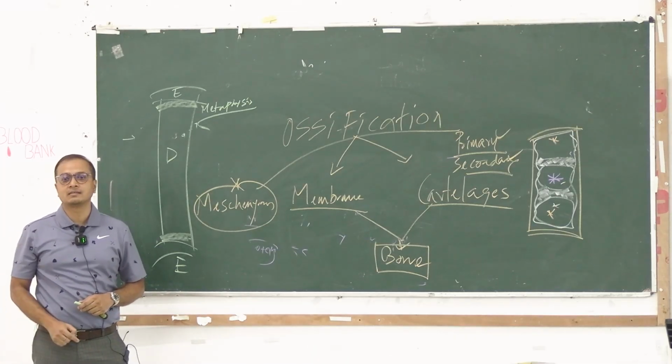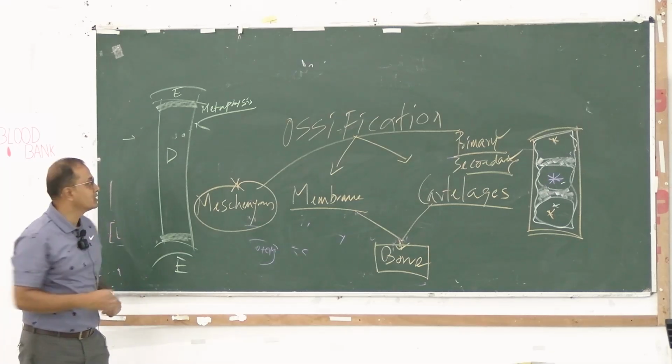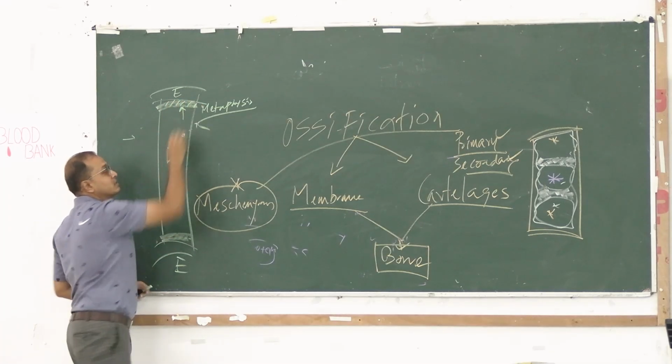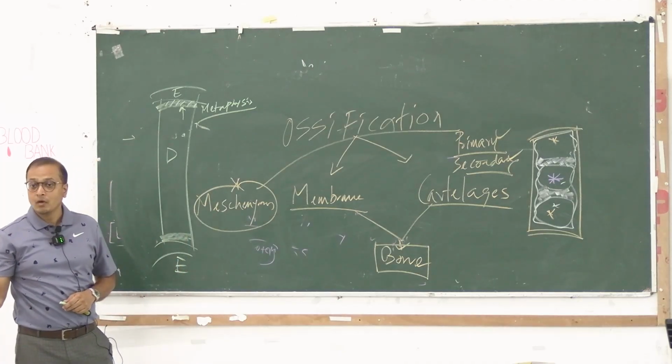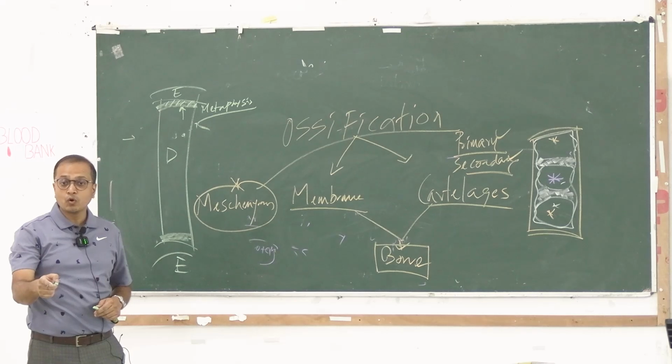This metaphysis is very important because it is close to the epiphysis, to what we call the epiphyseal plate. Why is the epiphyseal plate important? Because it helps us to grow.